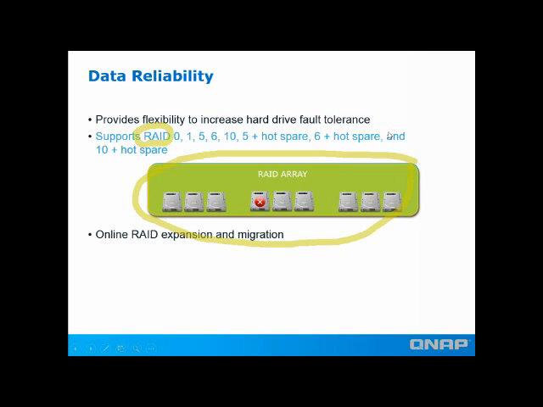And we can have different types of RAID that can tolerate some failure levels. For example, right now, I have one drive failure and the system is still running. And I can have up to 2 drive failures. This is the benefit of using a RAID system. It not only gives you big storage and faster read and write speed, but also gives you the peace of mind of data protection.